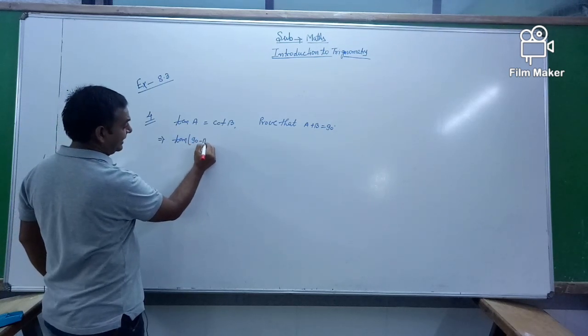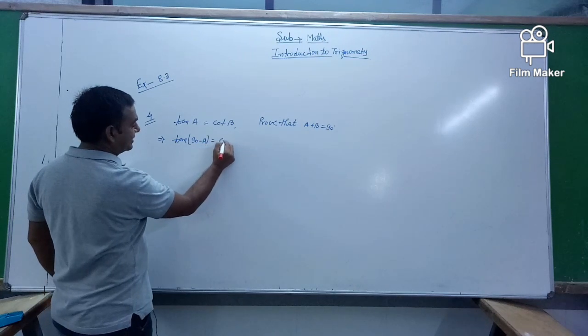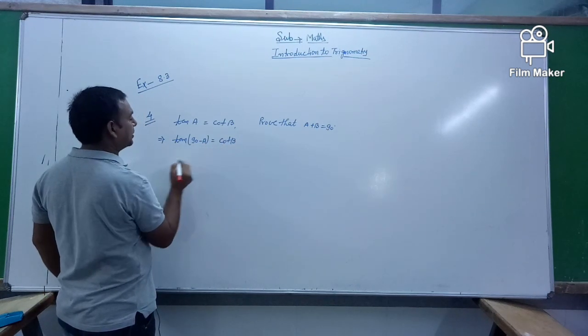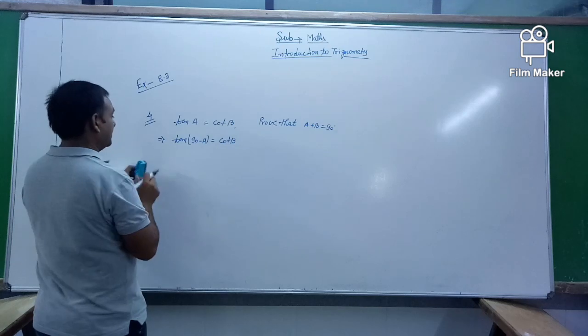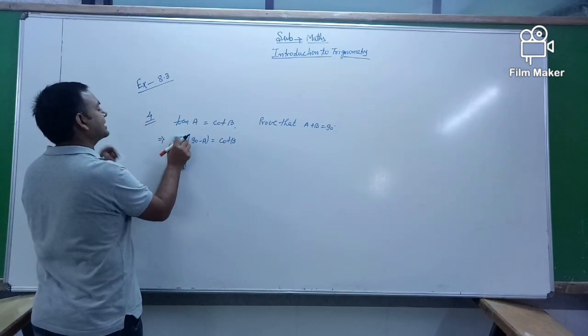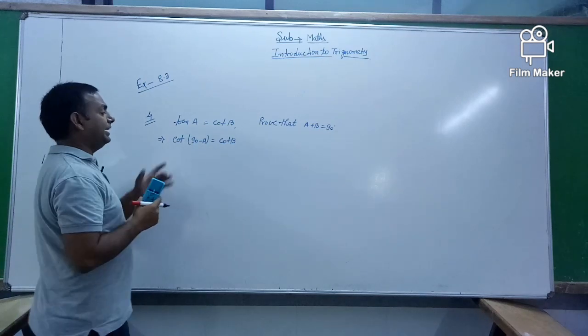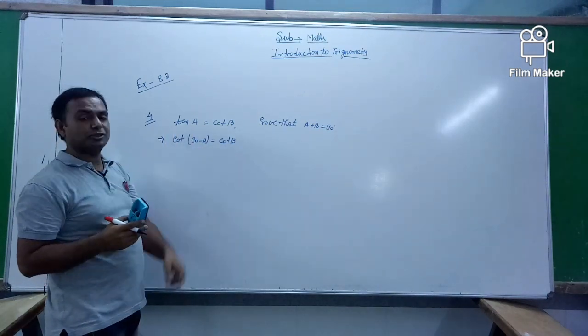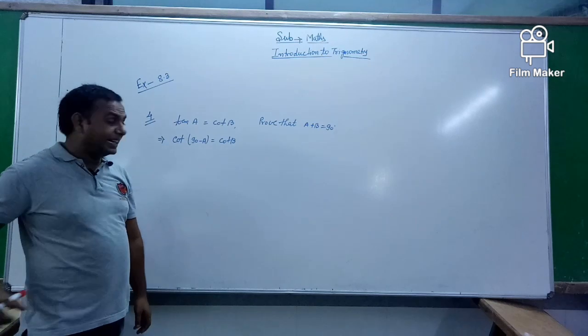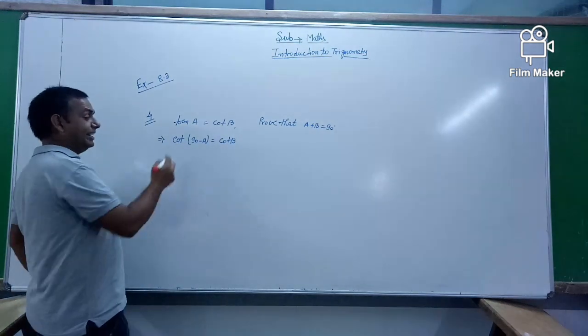cot 90 minus a is equal to cot b, because here, cot 90 minus theta means tan theta. So cot 90 minus a is equal to tan a.